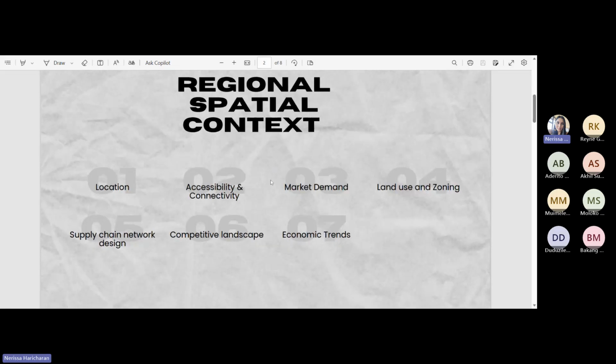Firstly, we're going to go into what we call regional spatial context. Regional spatial context is basically how a specific area relates to a larger region in terms of space, the location, the development, etc. For example, Delmas in Mpumalanga. It's located between Johannesburg or Gauteng and Mpumalanga, part of that economic zone.